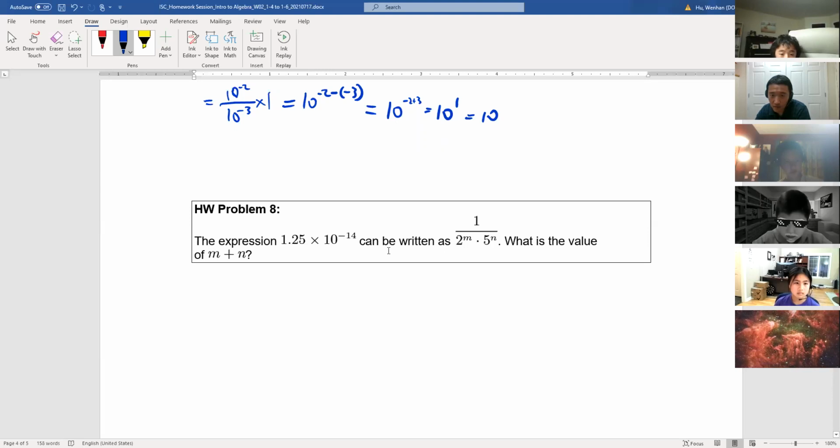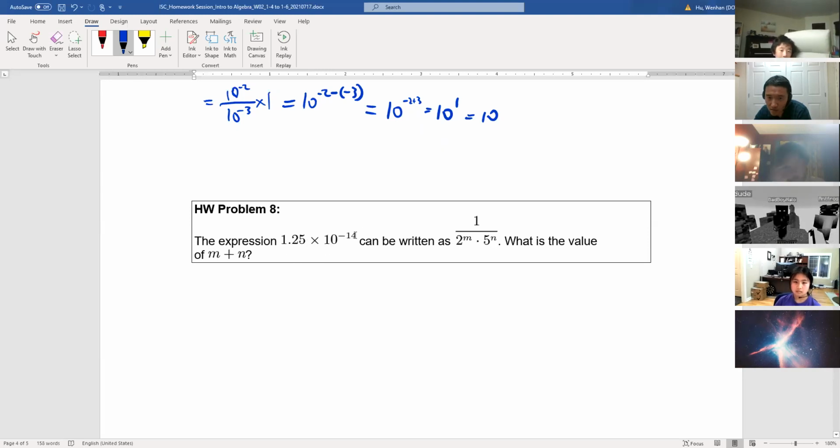Well, I don't have a very clear clue of what I'm going to do, but I see the question wants me to convert this into something with base 2 and base 5. So let's see if we can convert this into something with base 2 and base 5.